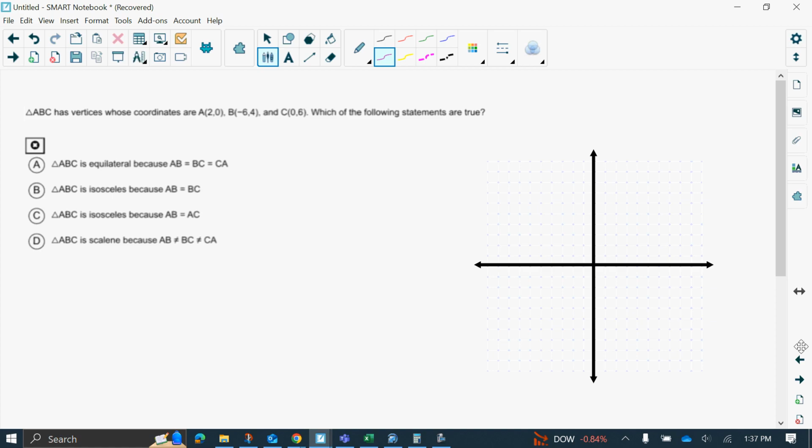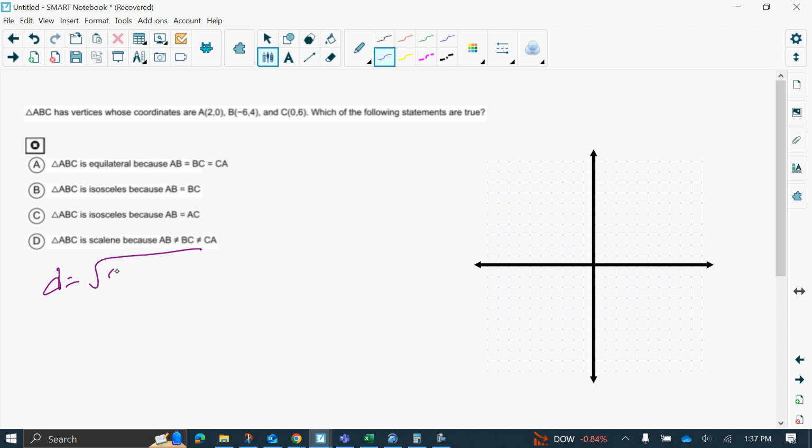Okay. Now, for this question, this does not have to be done on a graph, so you don't have to do it this way. I am going to show it to you this way, but you don't have to. You could use the distance formula, which is on your formula sheet.